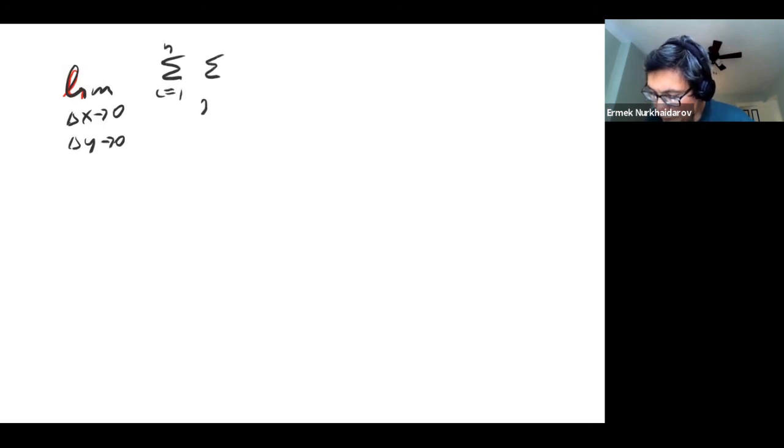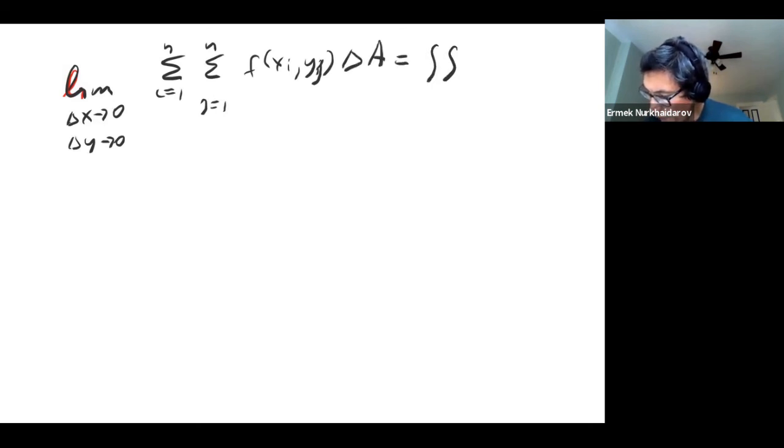The limit as delta x approaches 0 and delta y approaches 0 of the sum i from 1 to n, sum j from 1 to n, of f of x i, y j multiplied by delta A, equals the double integral over region R of f of x, y dA.